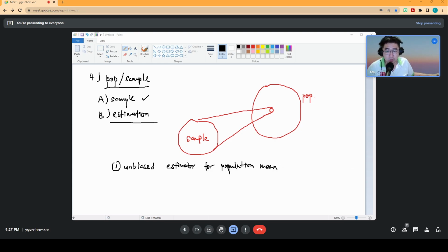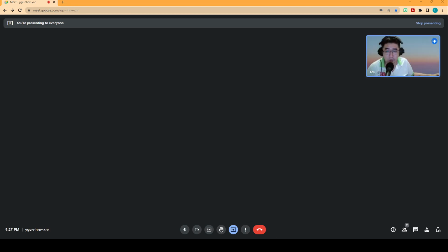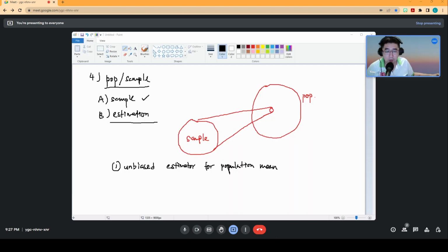Over here we say that the expected value of x bar equals mu. Expected value of x bar equals mu. That means it comes from your mean value.